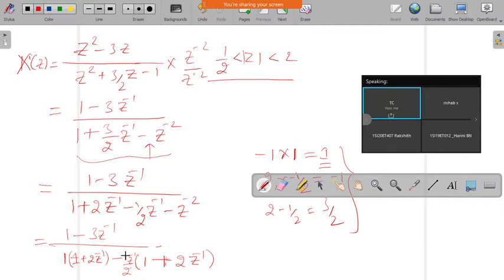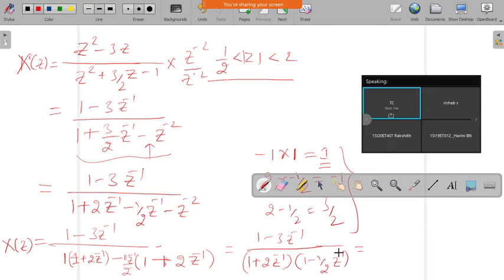So 1 minus 3 z inverse divided by, now we can take the common term in these two terms, which is 1 plus 2 z inverse, into the remaining term 1 minus 1 by 2 z inverse. This is common in both factors, and after taking it out the remaining term is 1 minus 1 by 2 z inverse. So this is what we get for X of z after finding the roots.